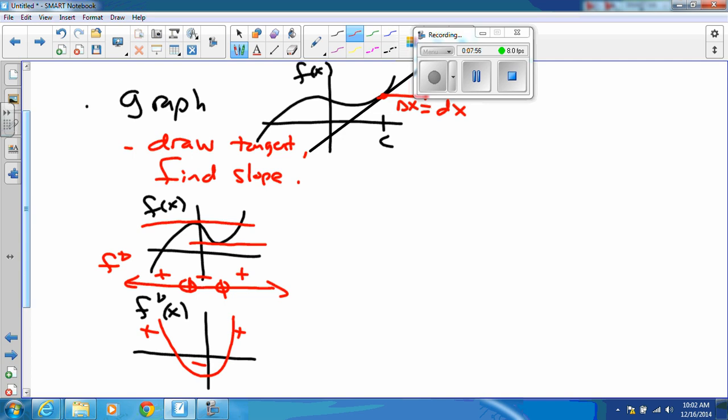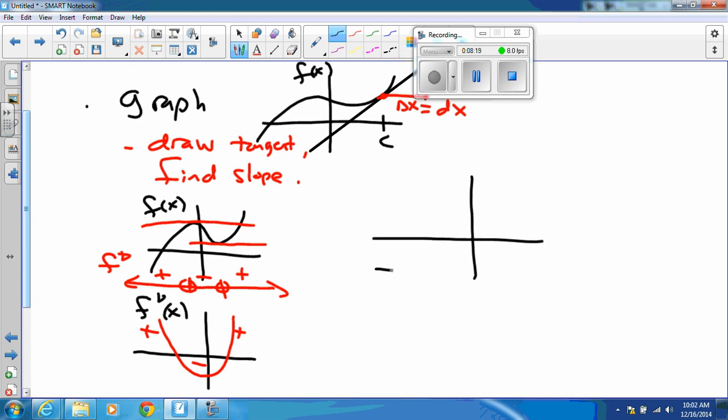What if f has a vertical tangent? What will that look like in f prime? What kind of asymptote? It would be vertical because f prime is infinite.